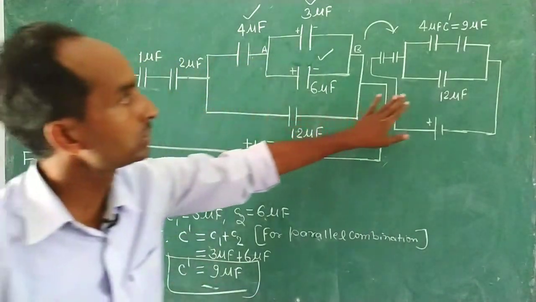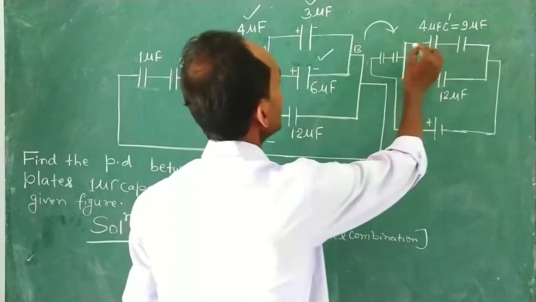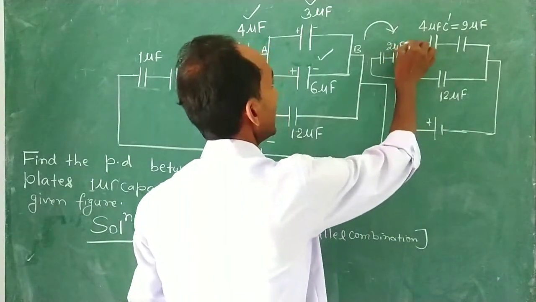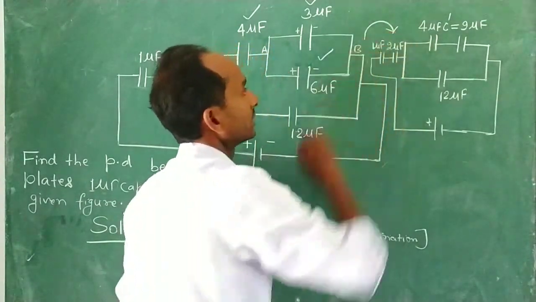This figure is reduced as this. Here is 2 microfarad and this is 1 microfarad.